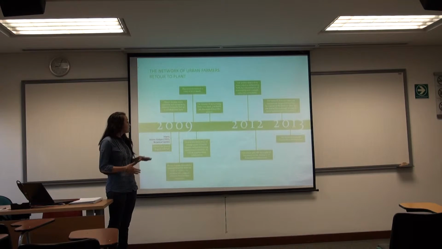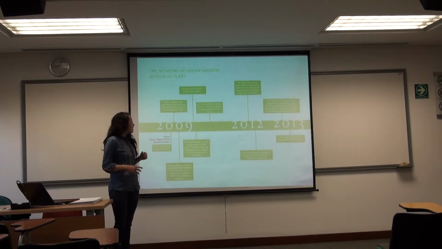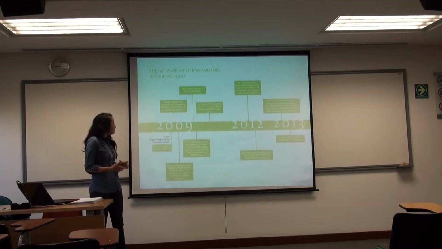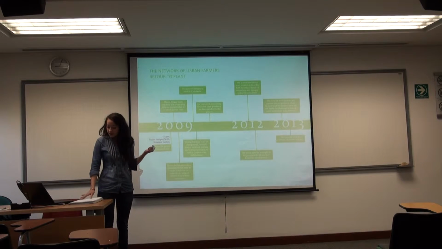This is the project that we are working on now, the network of urban farmers in the locality of Santa Fe. What you see here is the trajectory of this project, which started in 2009.